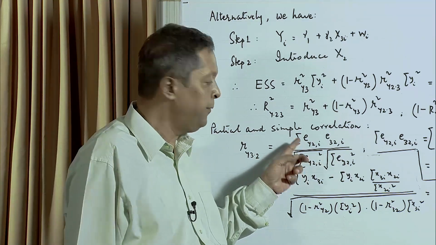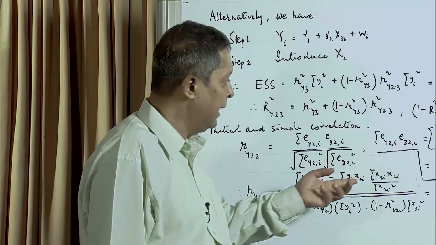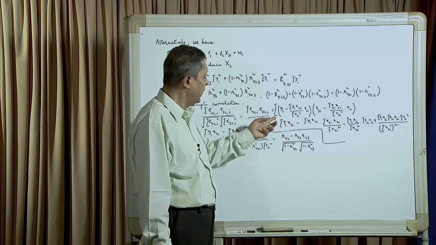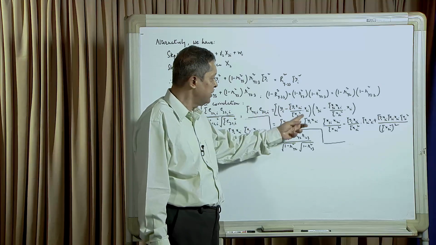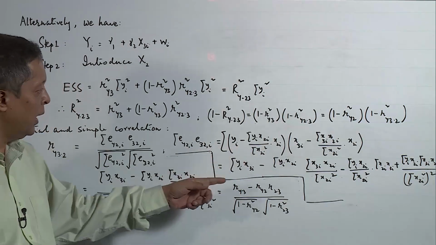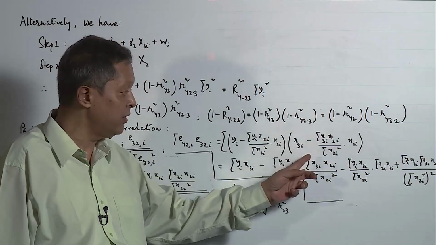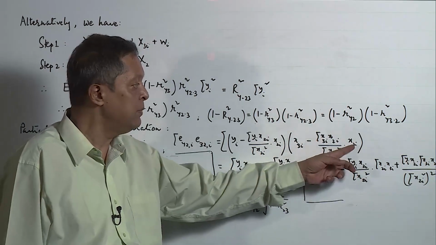Now, we have already defined these two. Specifically, we defined the error e y2 i as yi minus the estimated coefficient times x2i, and e 32 i as x3i minus again the coefficient from the regression of x3 on x2 times x2i.